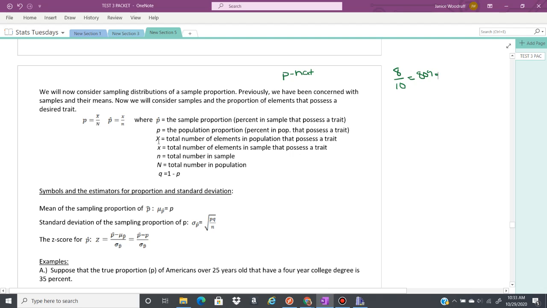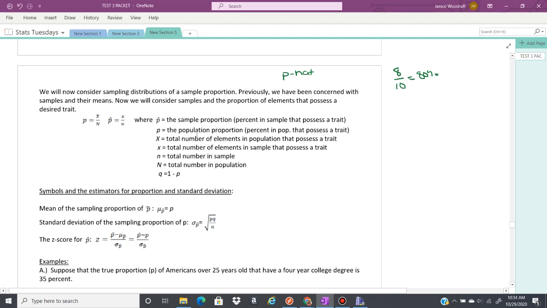Now we've got some new symbols here, so your key is right here. P hat is your sample proportion, which is basically x over n. x would be the number of people that have that trait, n would be the sample size. P is the population proportion. Notice the difference here. P hat is the proportion inside a sample, whereas P is the proportion inside the population.